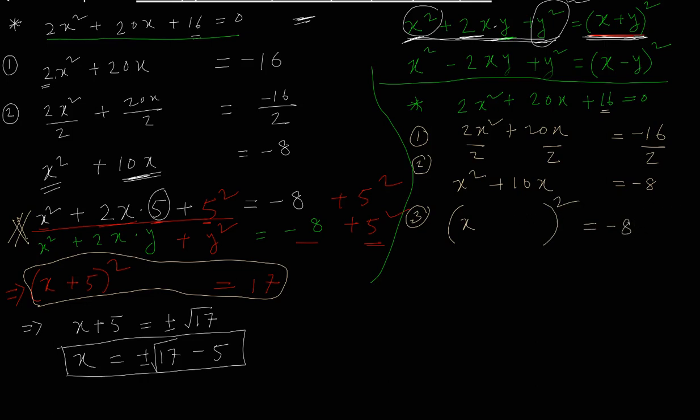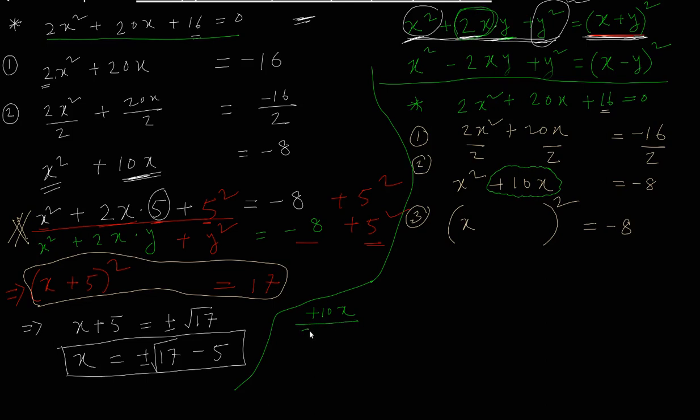Okay, now what you do is you basically pick up this middle term. Okay, you pick up the middle term. So the middle term I picked up is positive 10x. Now what you do, divide this positive 10x by 2x.